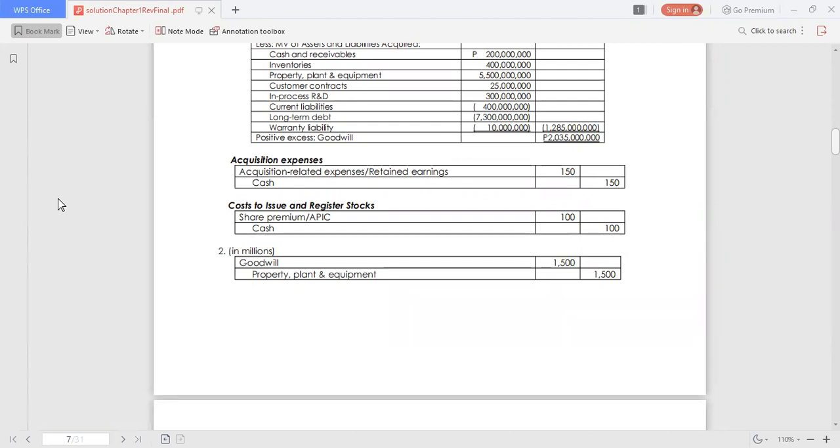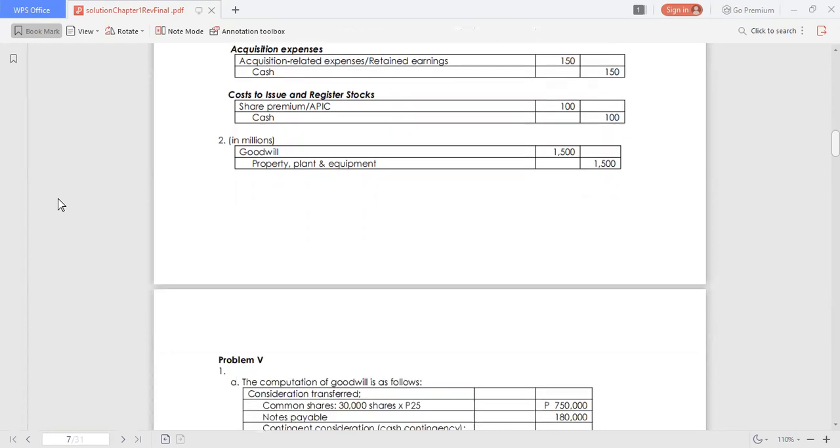Make the entry to record this new information. We now debit goodwill and credit property, plant, and equipment that is overvalued. So the corresponding debit should be made to goodwill for entry number 2.